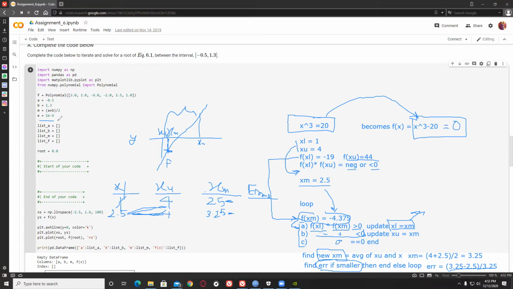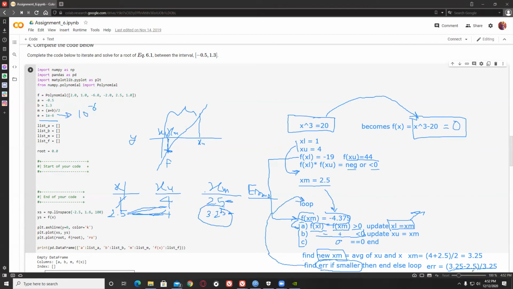Here we set the threshold to be 10 to the power minus 6. If the error is smaller than this threshold, then we stop our equation and the last xm is our answer. But if it's not small enough, then we again follow the loop.